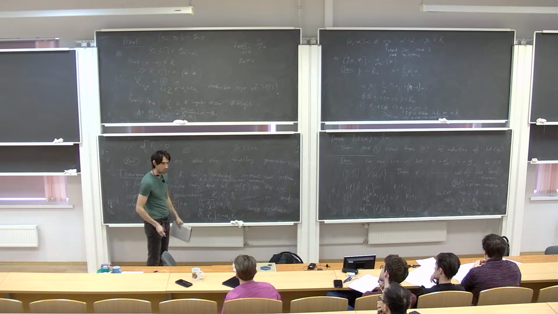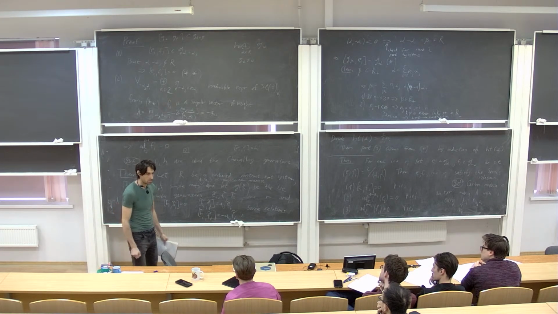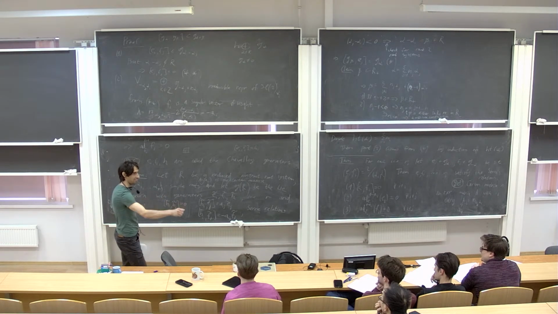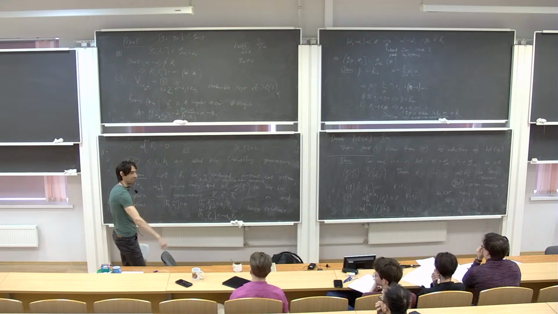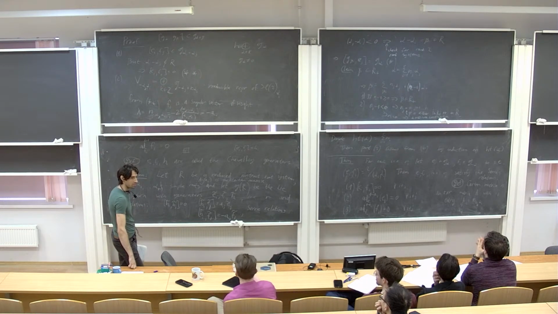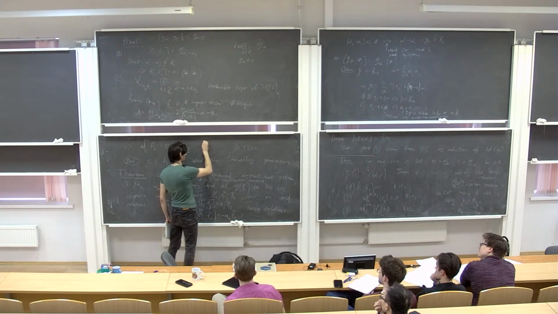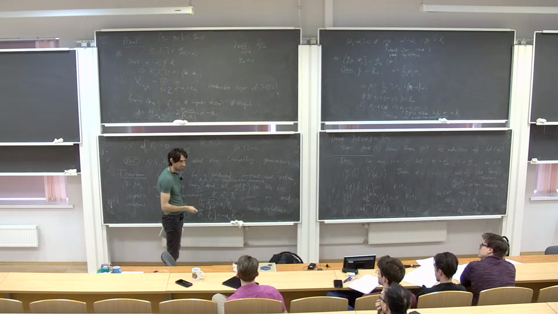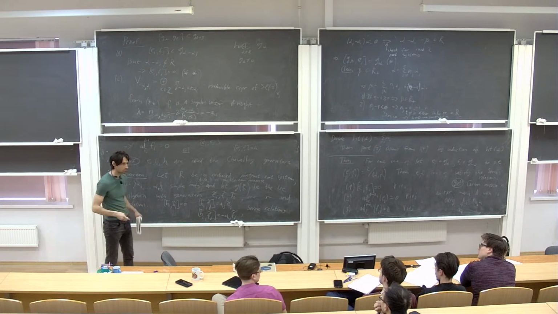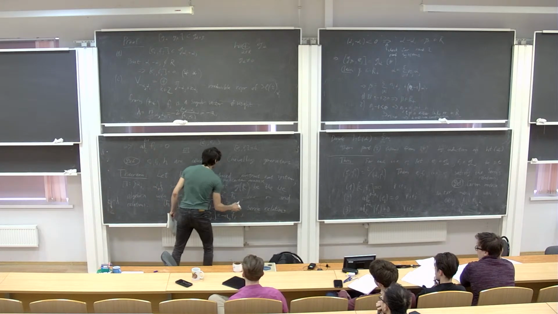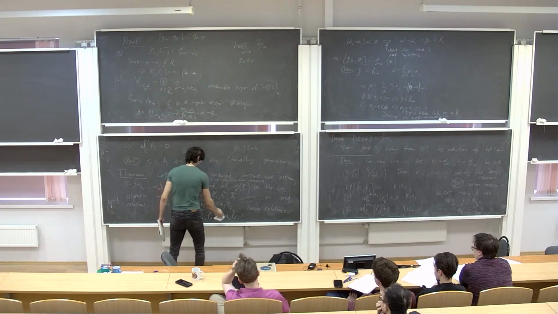Is a free Lie algebra commutative? No, it's the furthest from being commutative. If it is generated by alpha and beta, the commutator of alpha and beta you just add as a basis element. So in some way it is just the vector space of all possible commutators.